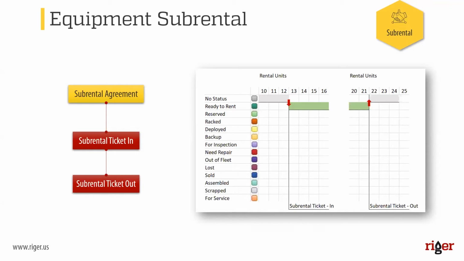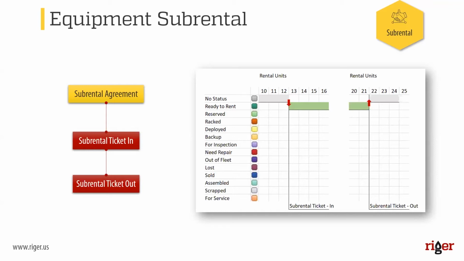And then you bring the equipment into your shop by using Subrental ticket in. When you bring this equipment in with a Subrental ticket in, the equipment gets the status ready to rent. So you now are able to use the equipment for your clients, but still you have a record in the system that this equipment belongs to some other company.